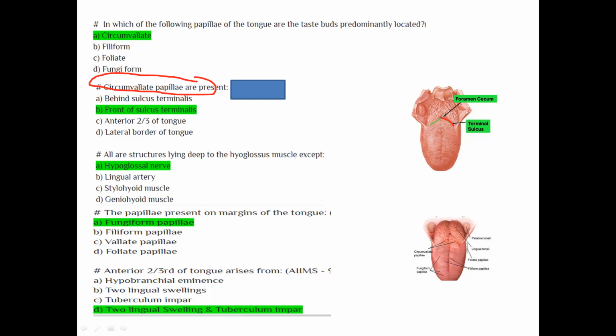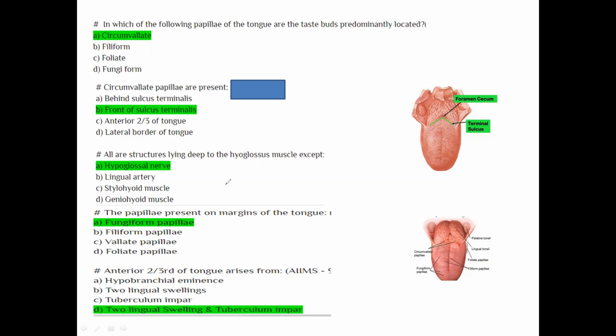Quickly behind them, a little circular sulcus is made, called the sulcus terminalis or terminal sulcus. The circumvallate papillae are present in front of the sulcus terminalis.